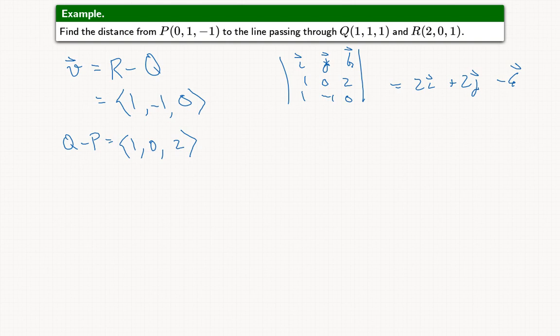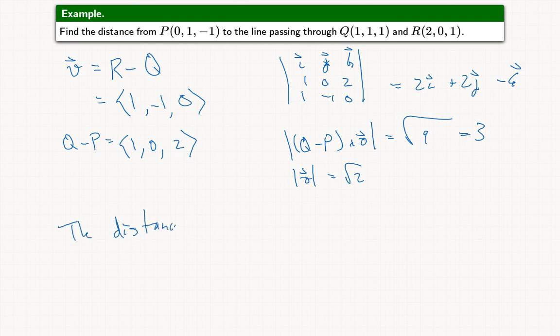So the magnitude of Q minus P cross V we see is square root of 2 squared plus 2 squared plus 1, which is root 9, so that's 3. And then we need to divide by the magnitude of V, and that's root 2. So the distance from P to the line is 3 over root 2.